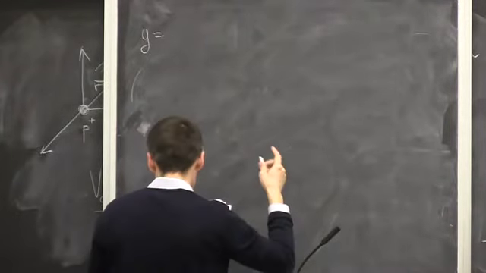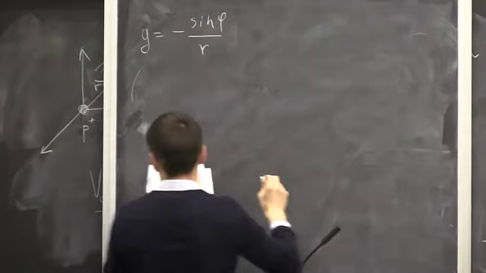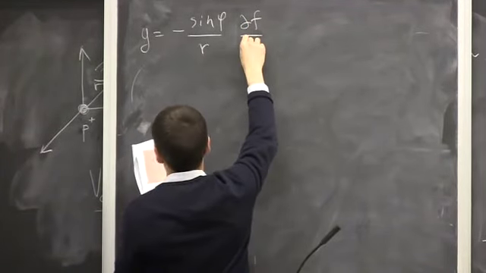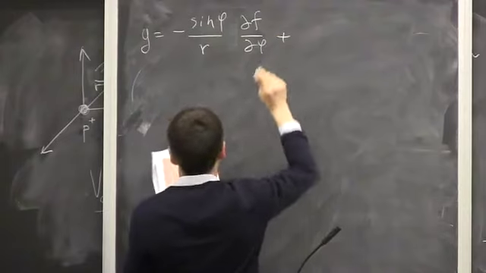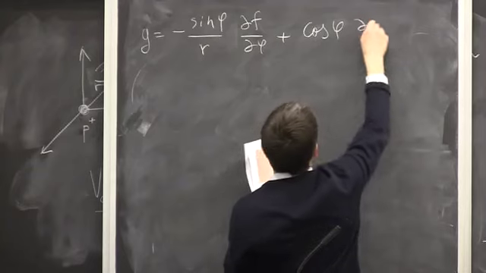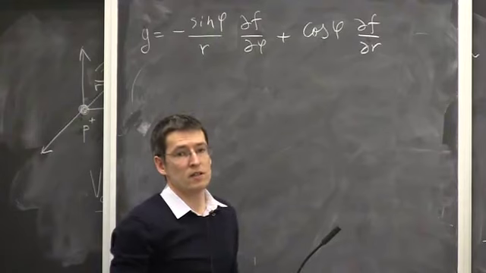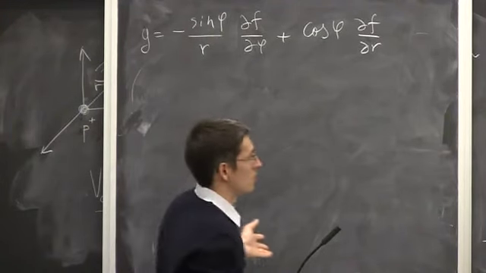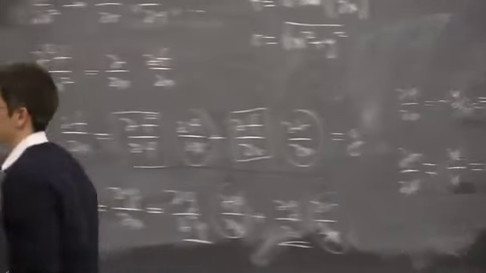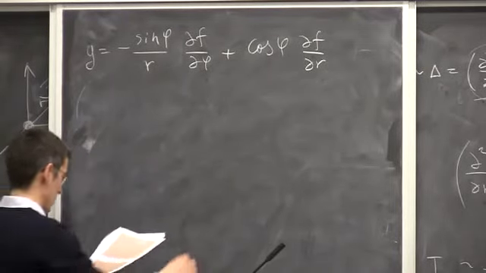It's minus sine phi divided by r times df over d phi, plus cosine of phi times df dr. Okay, is that clear what I'm doing here? I'm just putting in these partial derivatives and the expressions obtained, and these guys I cannot do much with, they just stay the way they are.